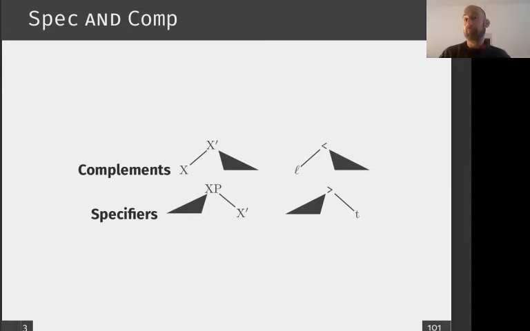Now there are no bars or P's, but complements can be redefined equivalently as the non-projecting sister of the lexical item, and specifiers as a non-projecting sister of a non-lexical item. So first merged things are complements and later merged things are specifiers, okay?